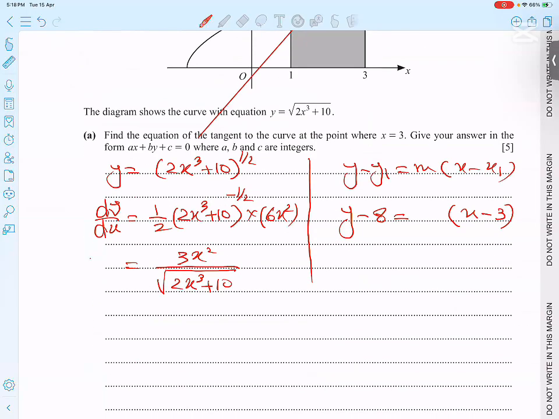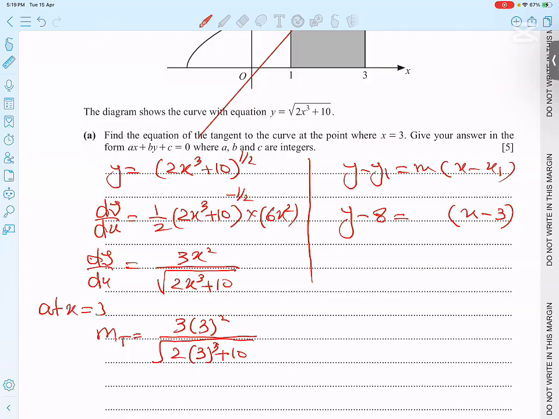And if I plug this 3 value back into the equation, I will get the gradient. At x equal to 3, the gradient of the tangent turns out to be, what gradient of tangent will I get from here?